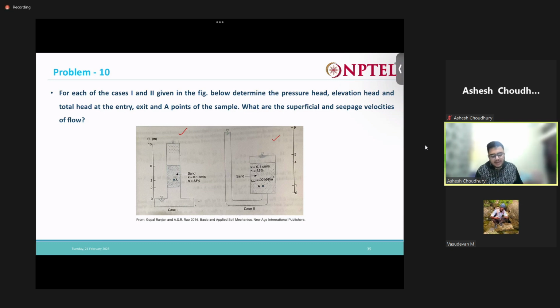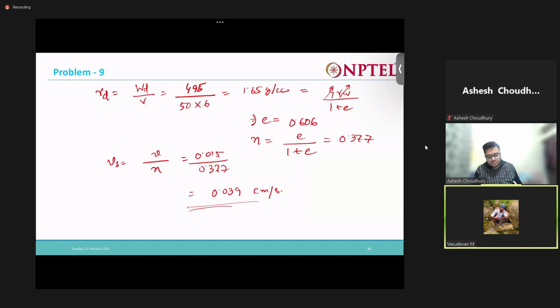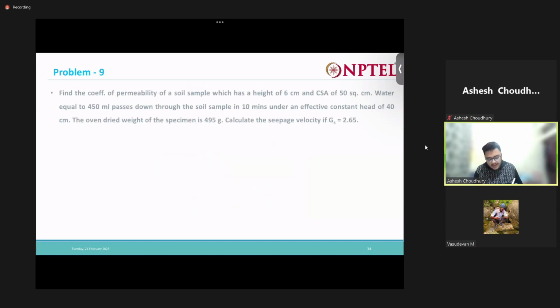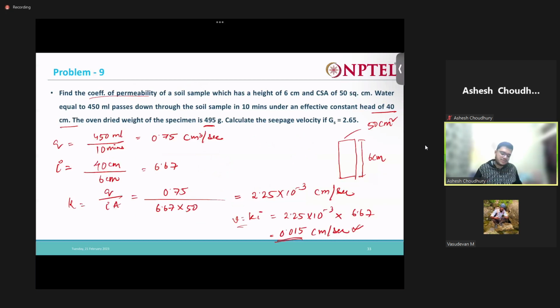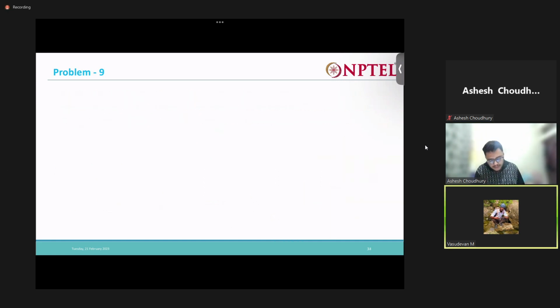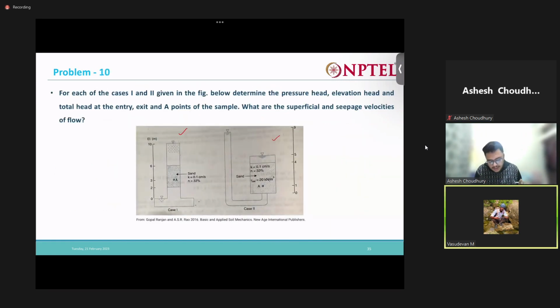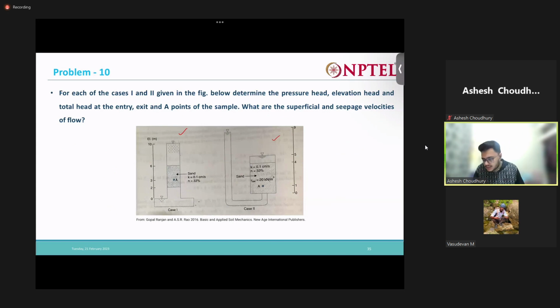Also, we have to find out the superficial velocity and the seepage velocity. The seepage velocity is always greater than the superficial velocity.